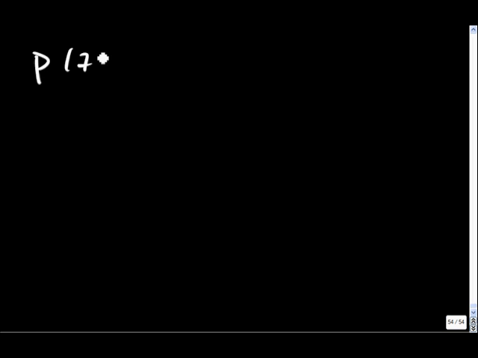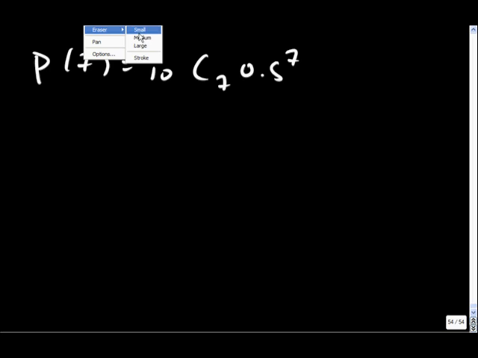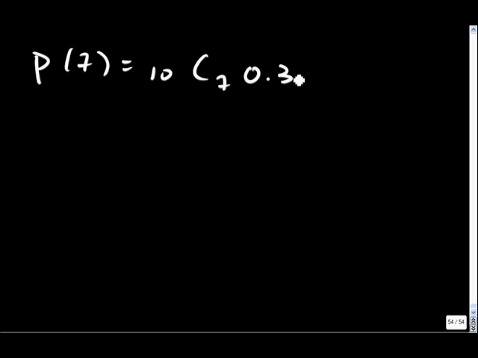P of 7. 10C7, 0.5 to... this is where we're going to make a mistake. If being an ethnic minority here is a success, the probability of a success is 0.33. 0.67 is the complement, and we have 10 minus 7.